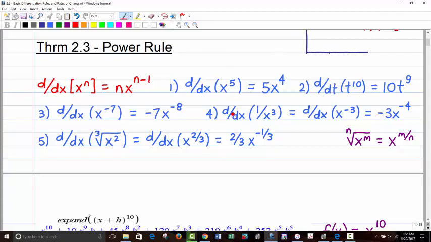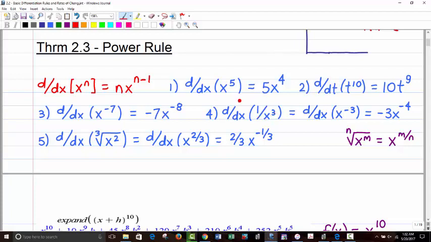Now, be careful here. This d dx of 1 over x cubed, you can't take the derivative of a variable in the denominator of a fraction. So the common mistake when people are first learning this is you don't say, well, that's just going to be 1 over 3x squared, where you bring the 3 down and change that to 2. That is absolutely incorrect.